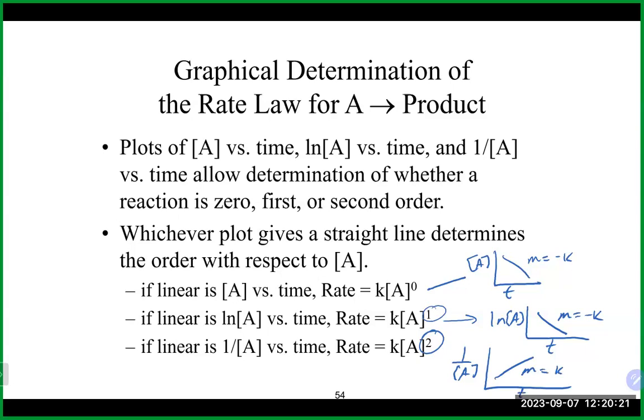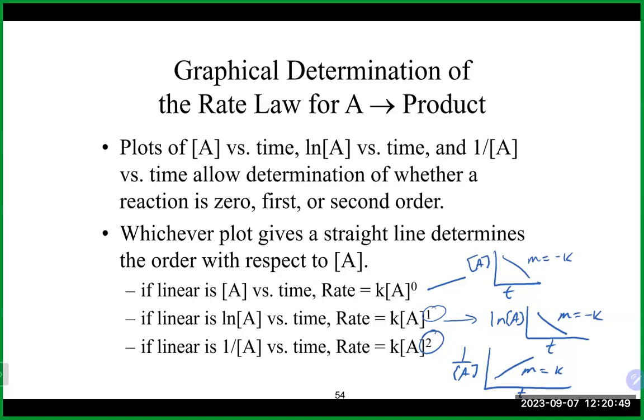So graphically, we sometimes will use a graph to determine what the order of the reaction is. And you'll actually do that, not in the upcoming experiment, but the one following that. So if you did a bunch of experiments, you can do all three of these graphs for your experiments, taking 1 over concentration versus time, or natural log versus time.